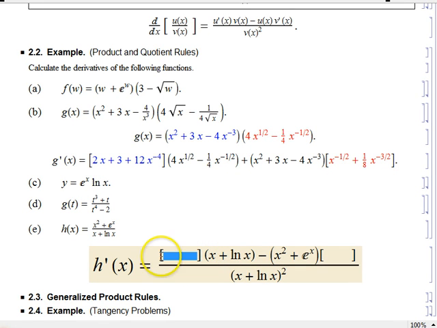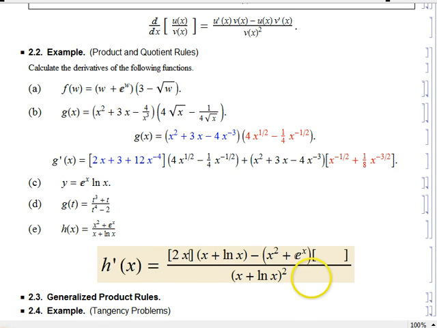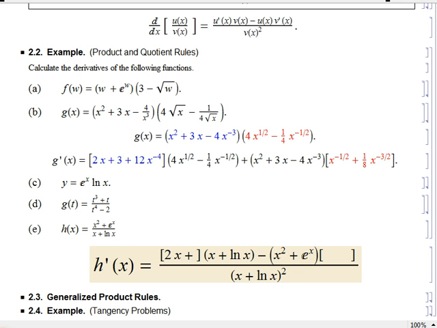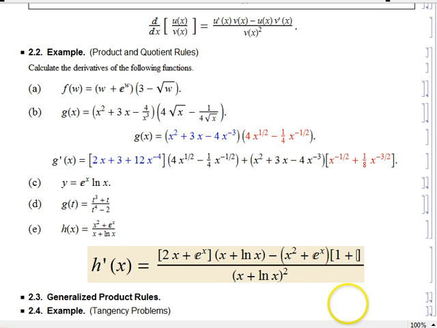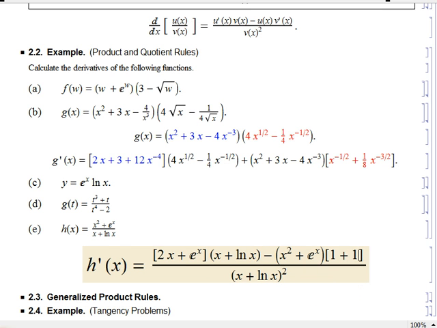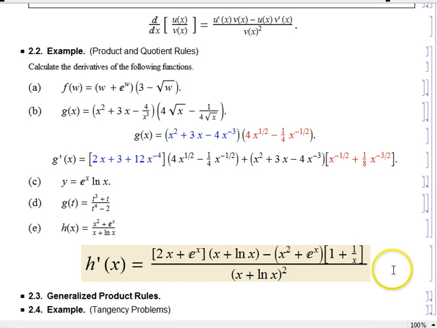What is the derivative of the numerator? 2x plus the exponential function stays the same. u prime v minus u, and then let's go over to v prime. What's the derivative of x? That's just 1. What is the derivative of log of x? 1 over x. And that concludes the derivative computation problem.